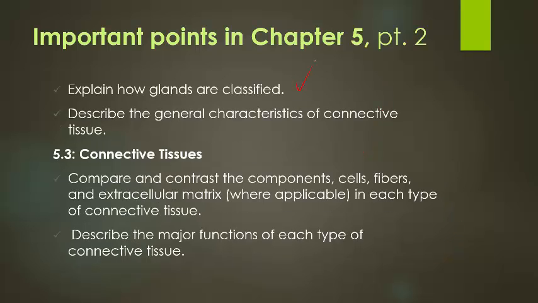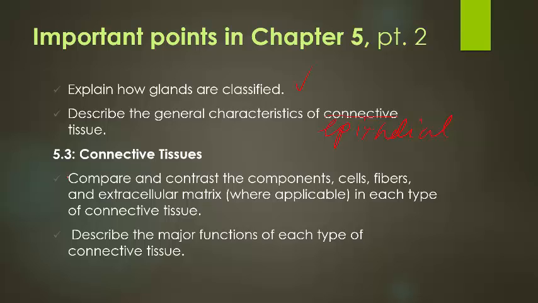We talked a little bit about glandular epithelia and the classifications of glands. I'm not sure why that says connective tissue. Epithelial tissues. So we described the general characteristics of the epithelial tissues, all the different types.